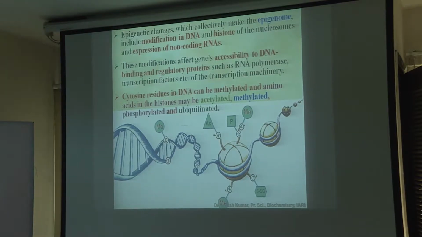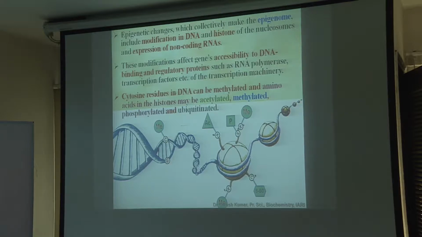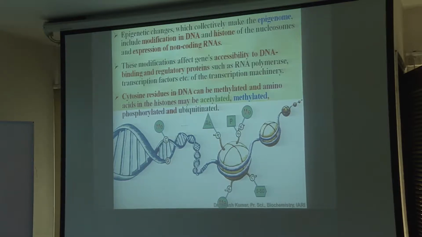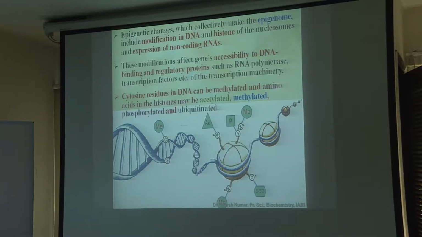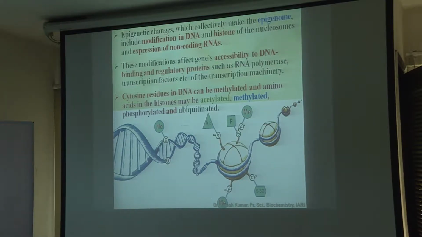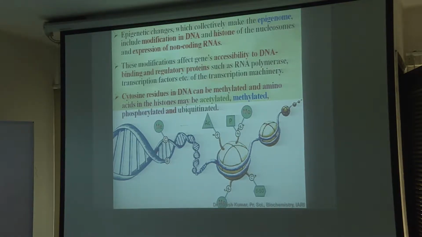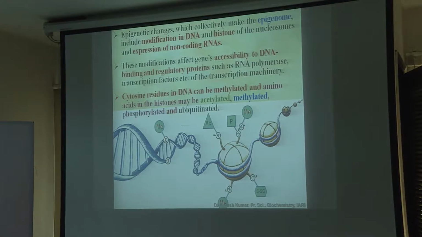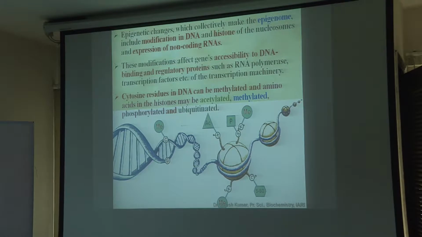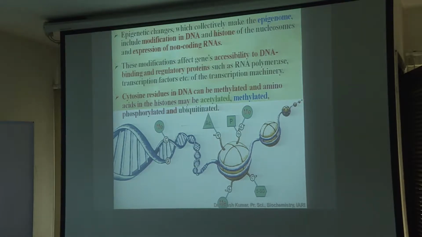Okay. And then do you think that there is only one cytosine in the genome? There are so many cytosines. So, which cytosine is to be methylated? Even if you consider one gene of maybe 1 kb, you will find 250 cytosines. So, which cytosine in a gene is to be methylated, so that the gene should stop or increase its transcription.